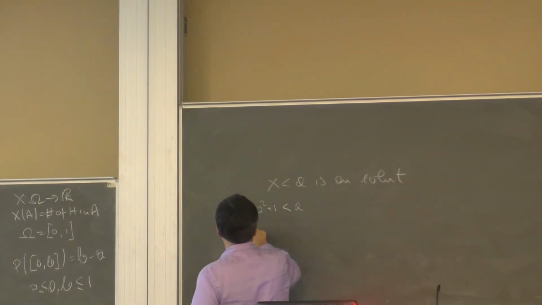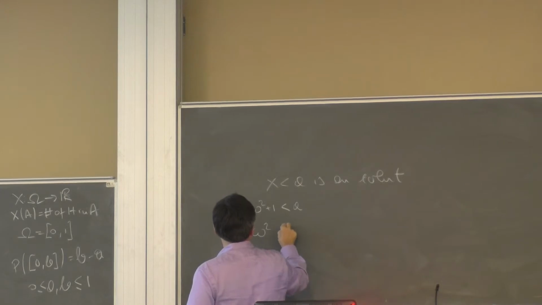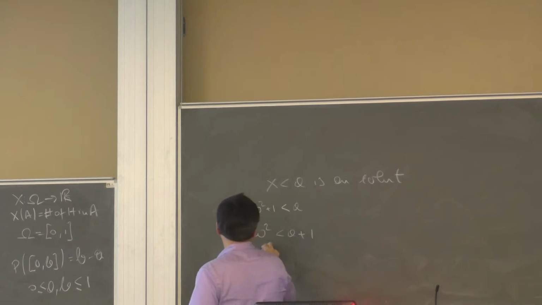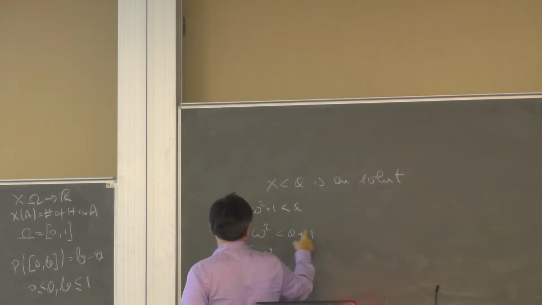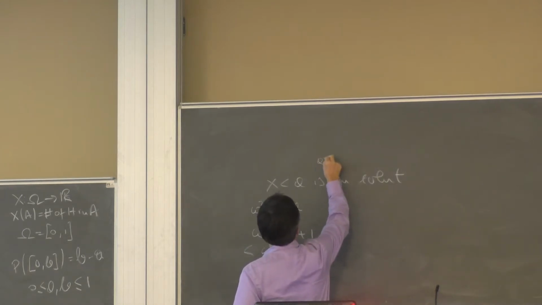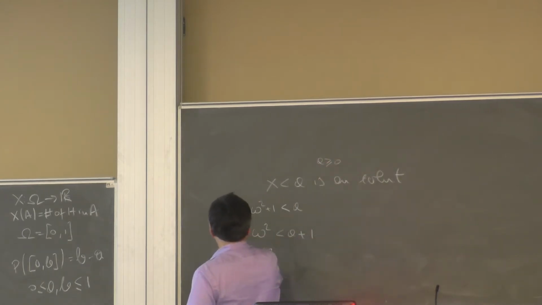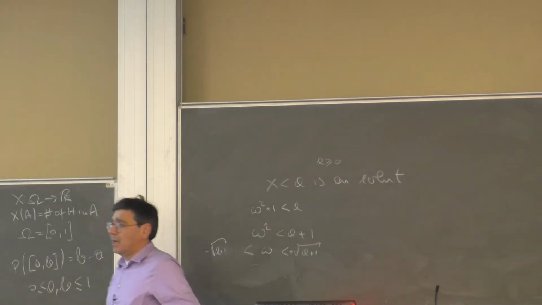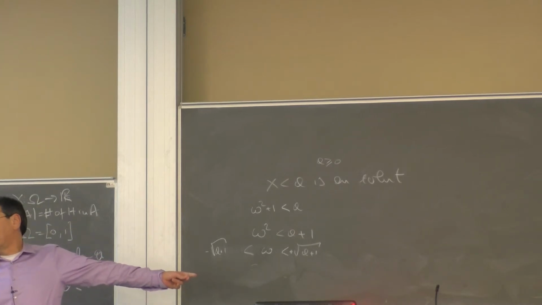Then you're going to say, okay, so that's the same thing as omega squared is less than a minus 1. Let's take a to be greater or equal to 0, and then omega is going to be something of the form between minus the square root of a plus 1 and plus the square root of a plus 1. And what's so great about this? Well, this is one of our events.